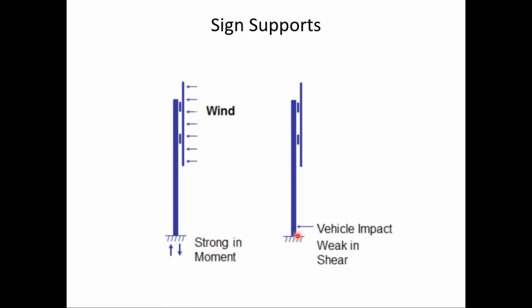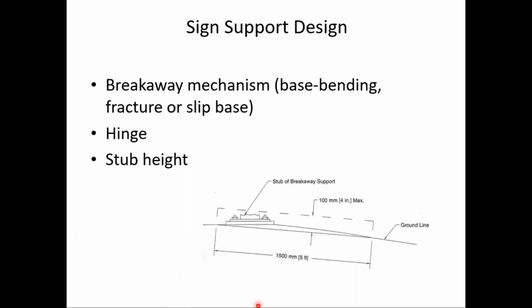But also, because we want the sign to be breakaway, it has to be weak in shear so that when a vehicle strikes near the base of that support, it essentially breaks away. And another issue, related to what we've been talking about this morning, is that base or stub height that's left. Again, the maximum is 4 inches, so it doesn't create a snagging issue for motorists.